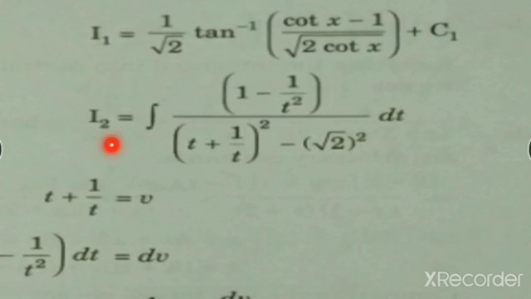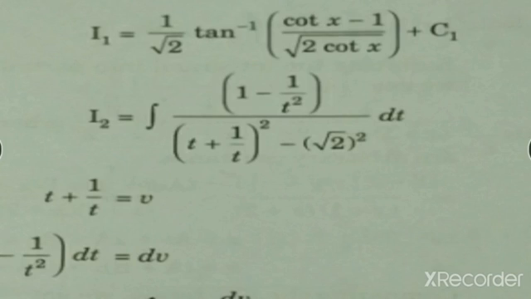Consider I2. I2 is equal to integration, this is second term, 1 minus 1 upon t square upon t plus 1 upon t whole square minus root 2 square. Here t plus 1 upon t is considered as another variable v.